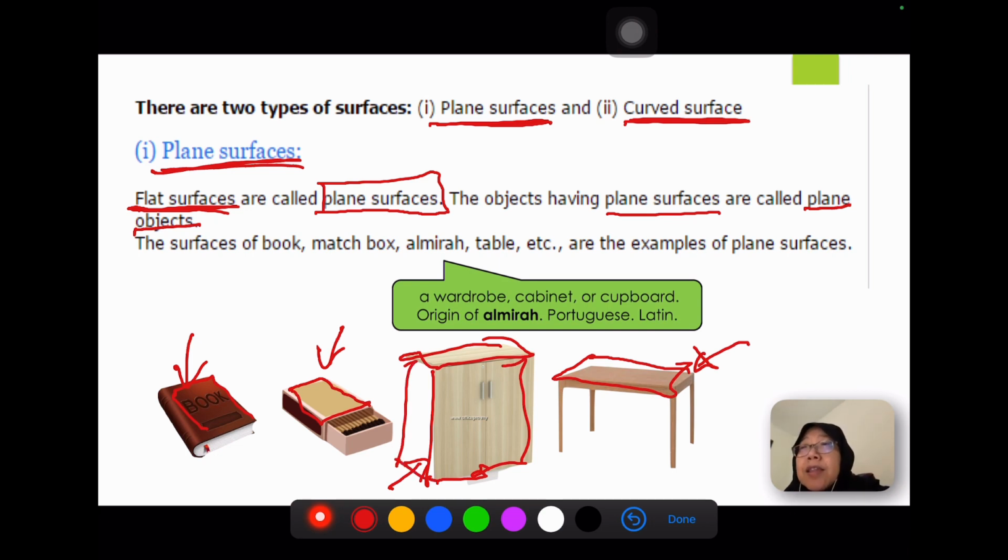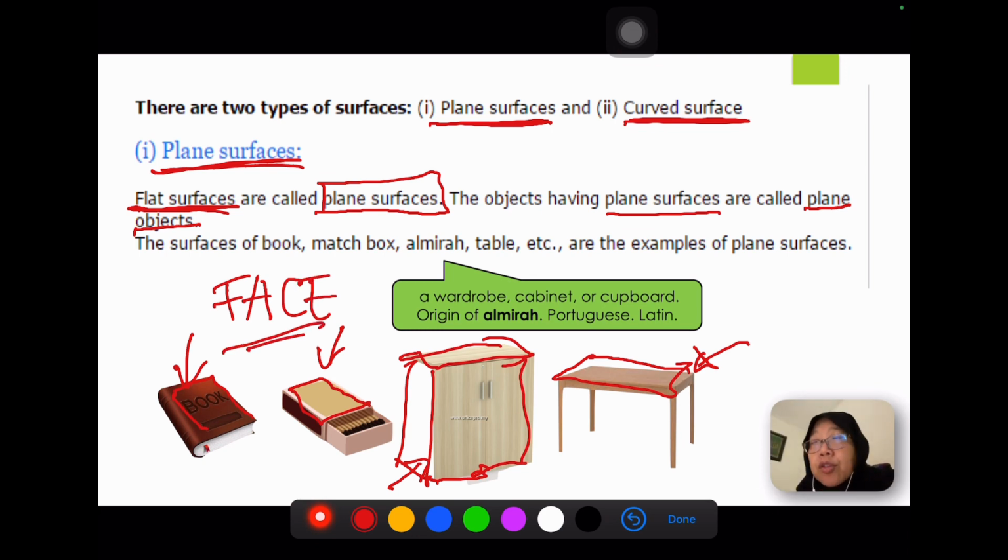Anything that is a flat surface, or plane surface, has another name, which is a face. Now by introducing this term, you might get a misconception from your students, because they might think that a face must look like their face, where you have eyes and nose and cheeks, and mouth and teeth, eyelashes, and so on.